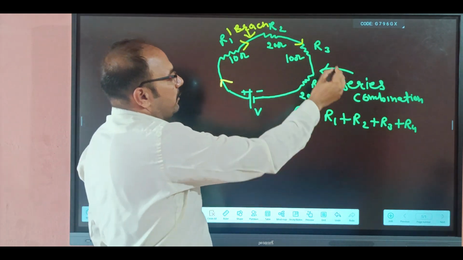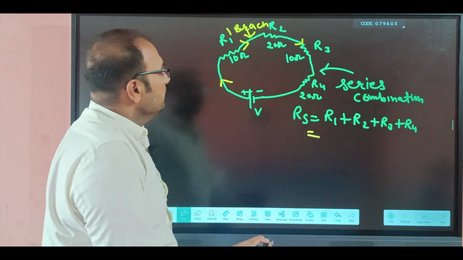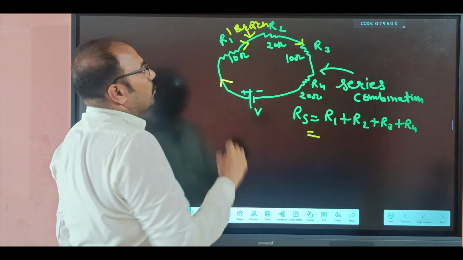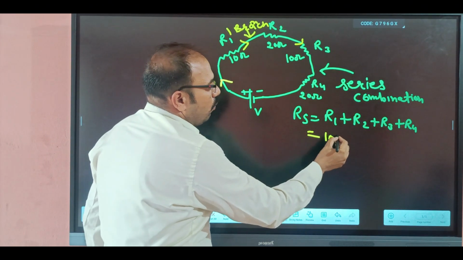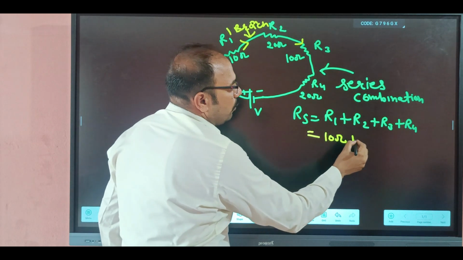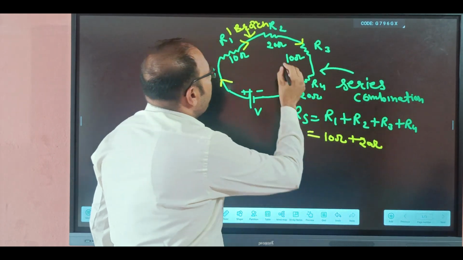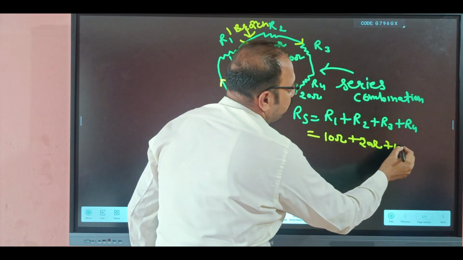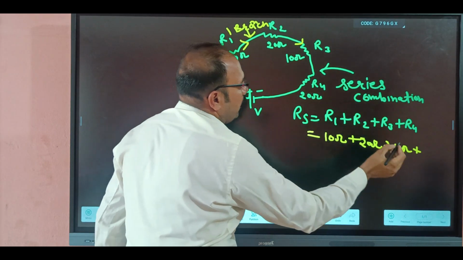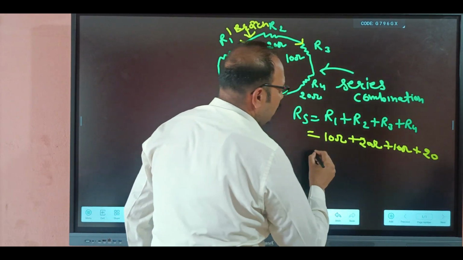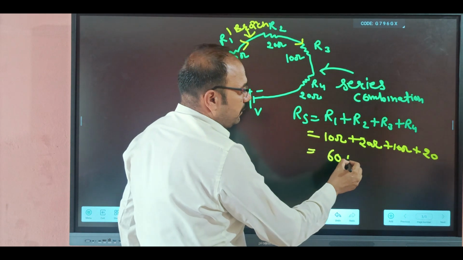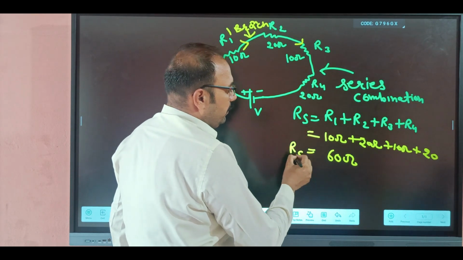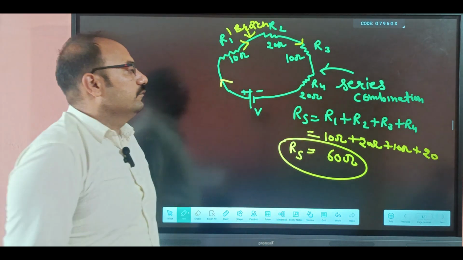If we put in the values, it is 10 ohm plus 20 ohm plus 10 ohm plus 20 ohm. So this is 30, 40 and 60. The total resistance is 60 ohm.